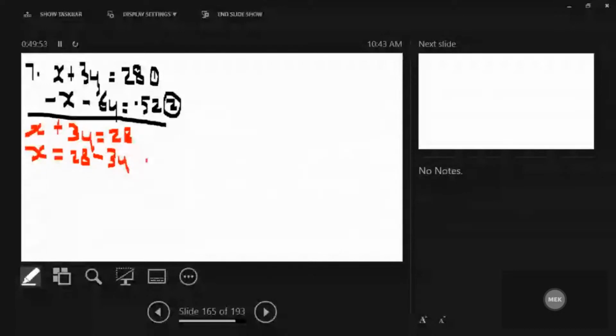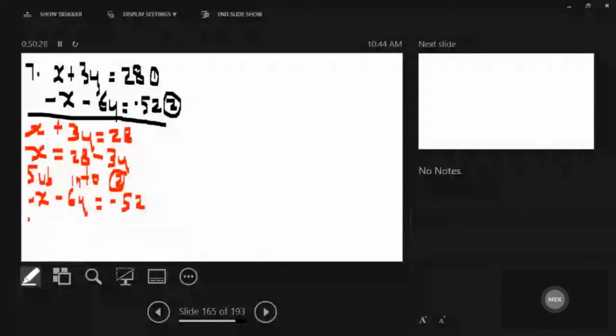All right, so we're going to plug in this for x wherever we see x in equation 2. So substituting into equation 2, and equation 2 says negative x minus 6y is equal to negative 52.